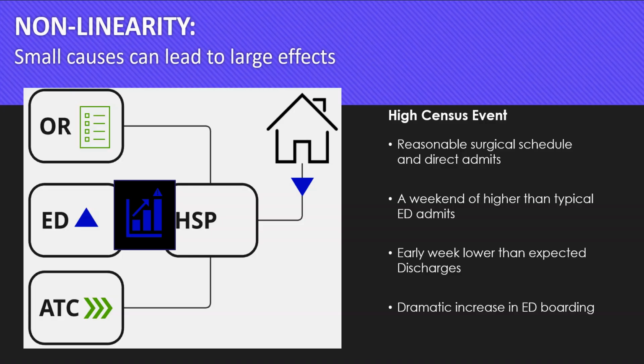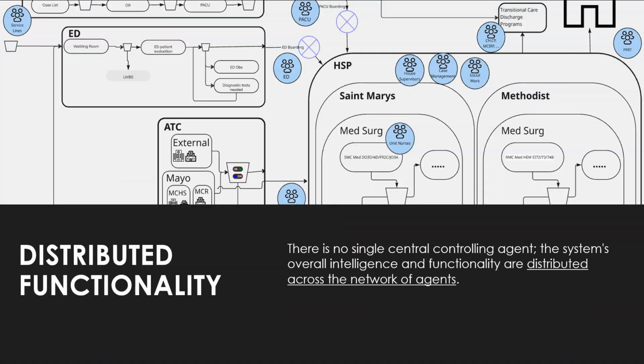So the small changes in these other two parts can cause a very large change in some impactful area of the system.